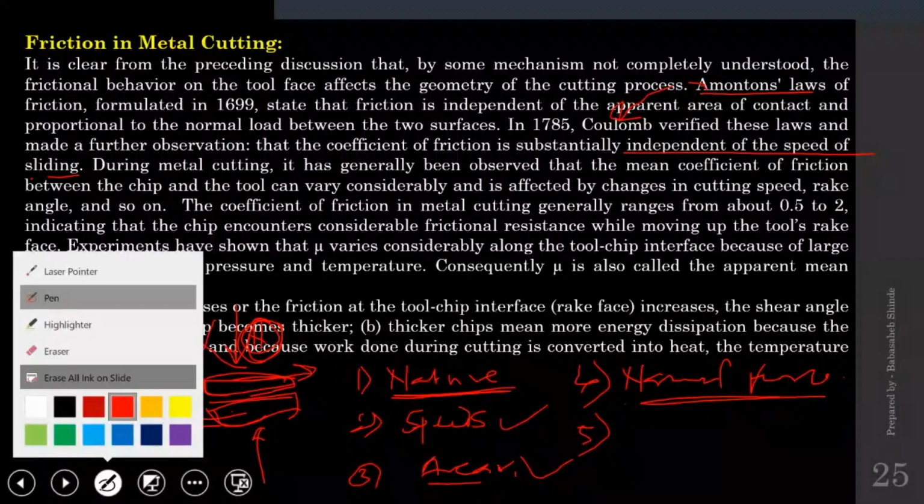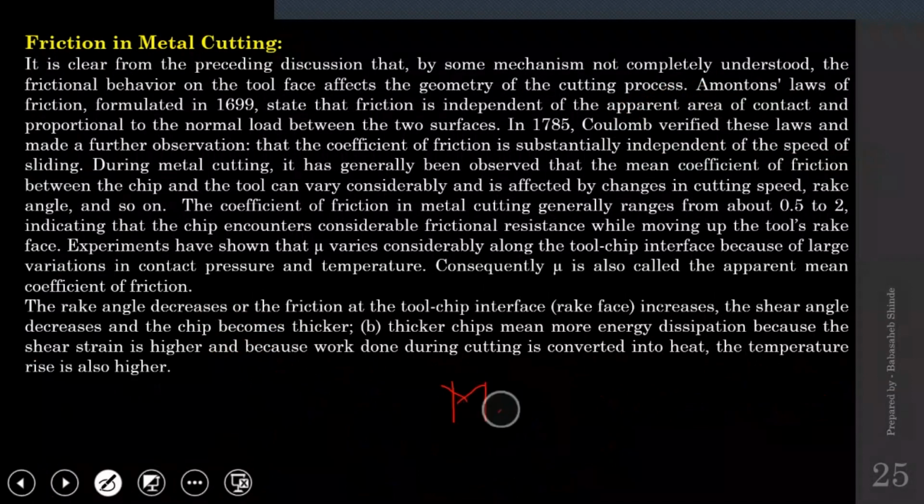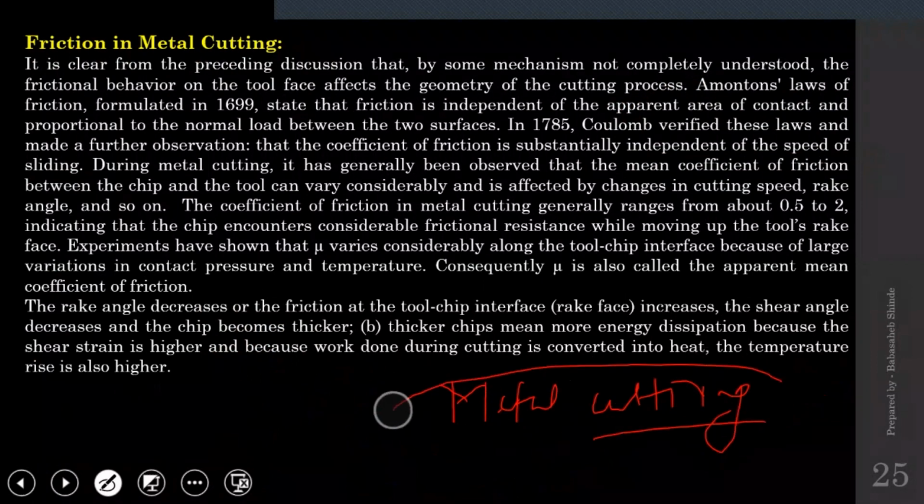But when it comes to metal cutting, all these laws of friction, defined by Amontons and Coulomb, are not valid. So what happens in metal cutting?